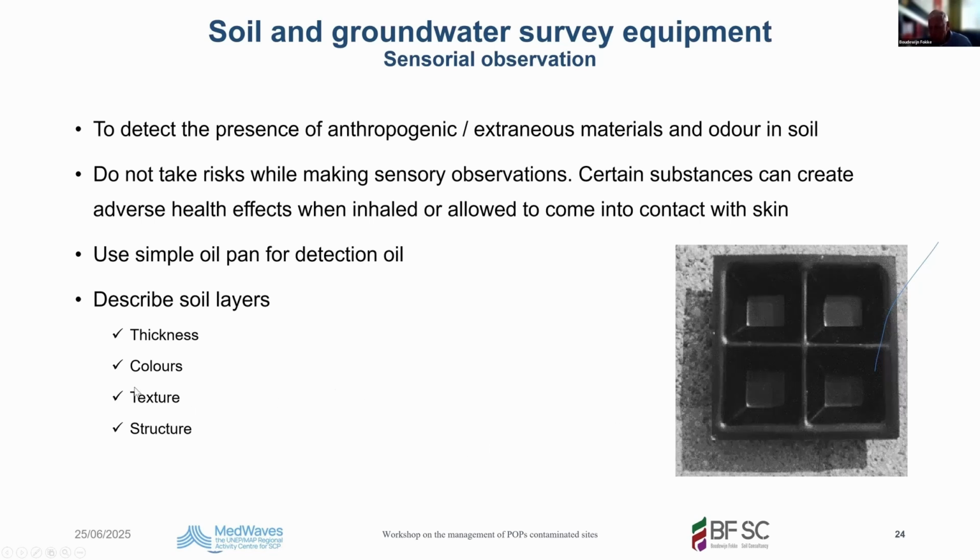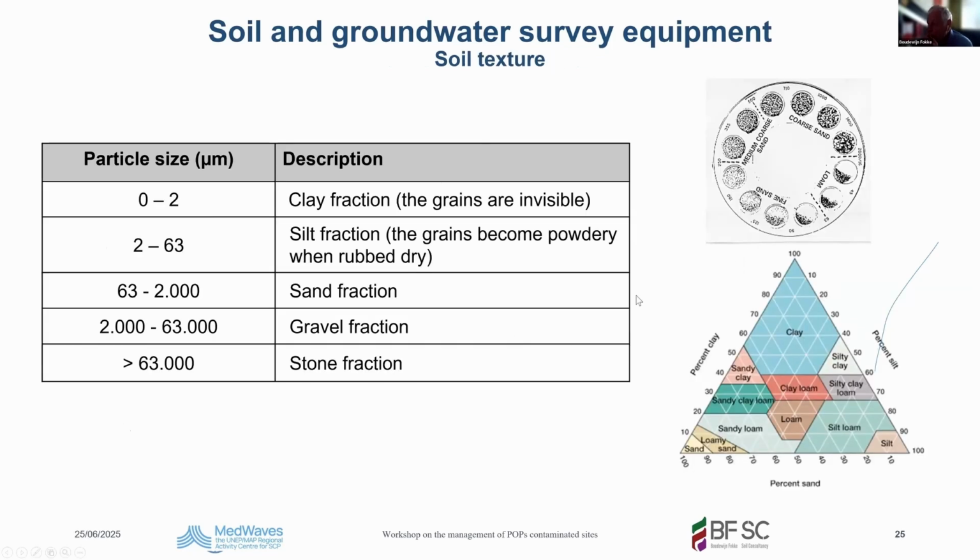Oil detection pen. I continue? Yeah. In the field, you have to describe your texture. And this is the texture triangle. The texture triangle gives the percentage of clay here on this line, the percentage of silt, and the percentage of sand.